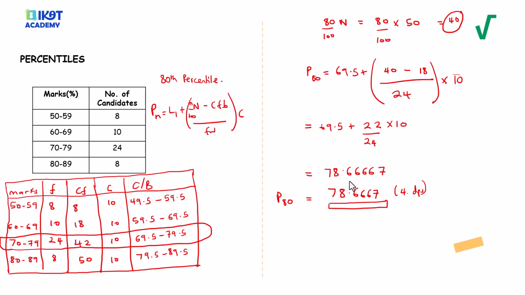It's like the position. So 80% of the students are below this mark, meaning anyone who has above this mark is in the top 20%. I don't know if this makes sense. Anyone above 78.6 is in the top 20% of the class.